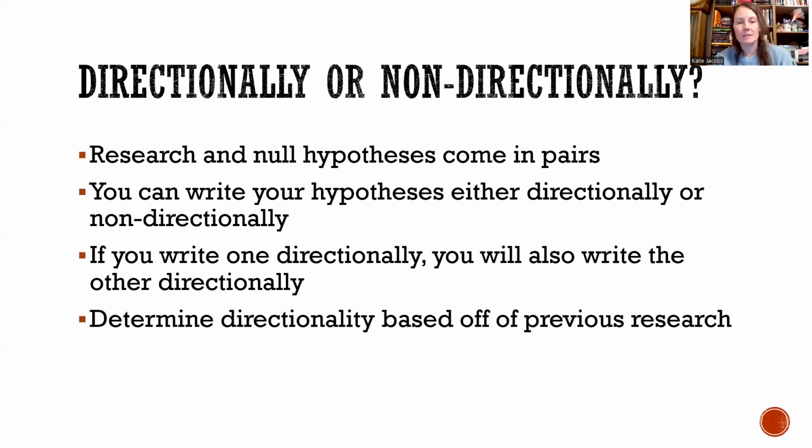A lot of times we determine directionality based off of reading previous research. I mentioned this before, statistics fits within research design, right? So research design is a different class, and at this university, it comes after stats, but that's where you design your study, you write your research question, and then statistics is used as a part of that process to answer whatever research question you have.